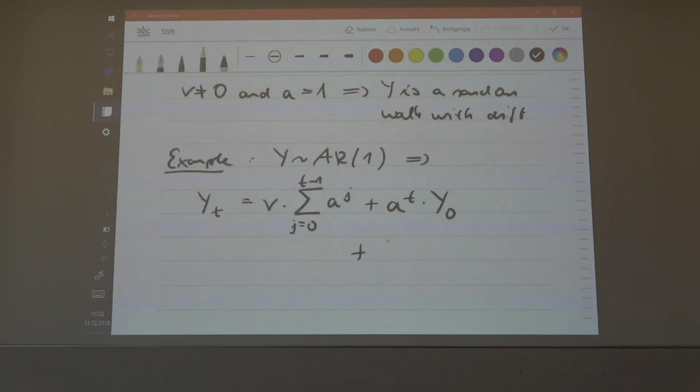Then you have different realizations of the noise: the sum from j equal to 0 to t minus 1 of a to the power of j times epsilon_{t-j}. So that was the representation that we were looking at. Maybe you remember this from chapter 3. I derived this formula using induction.